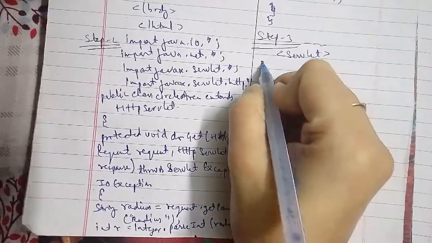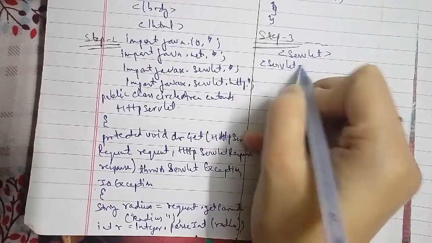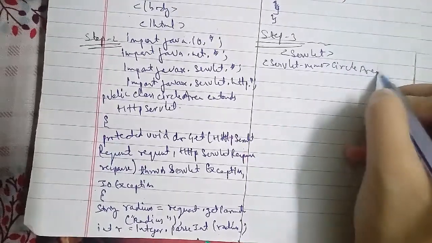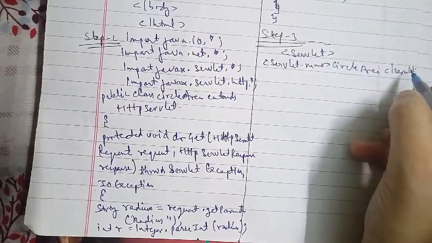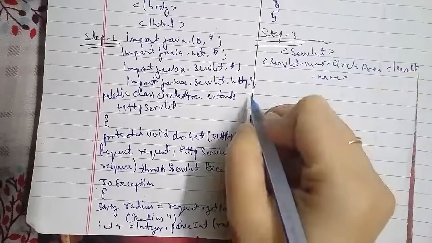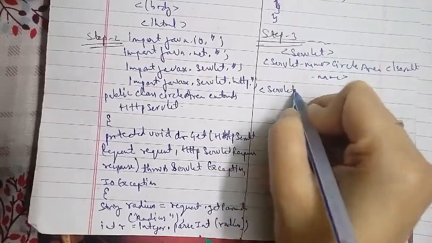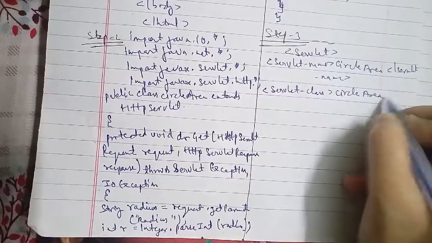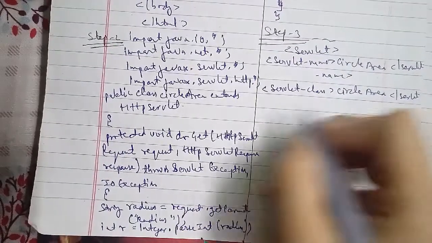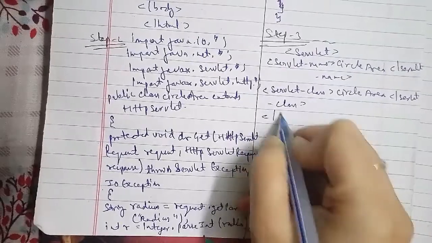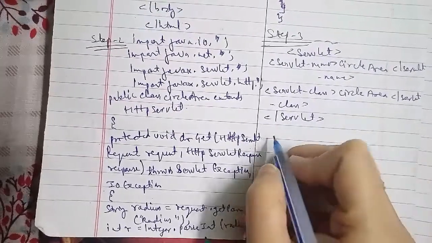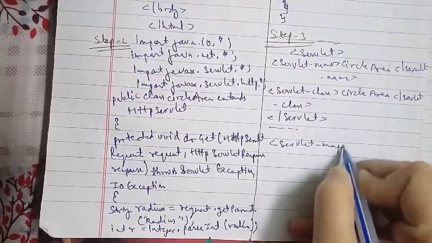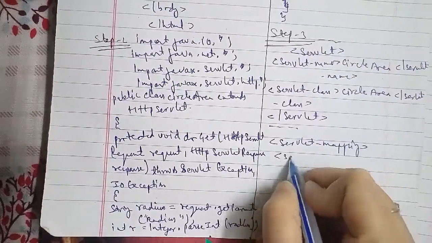Then after that, servlet mapping, servlet name, circle area, close the servlet name, URL pattern, then servlet circle area, URL pattern.